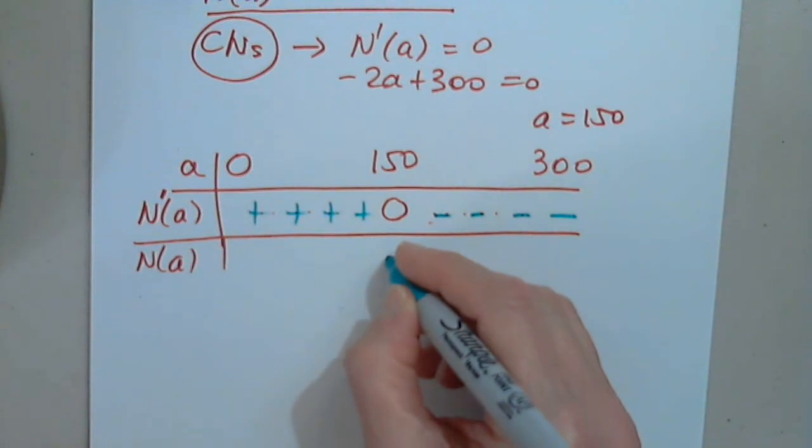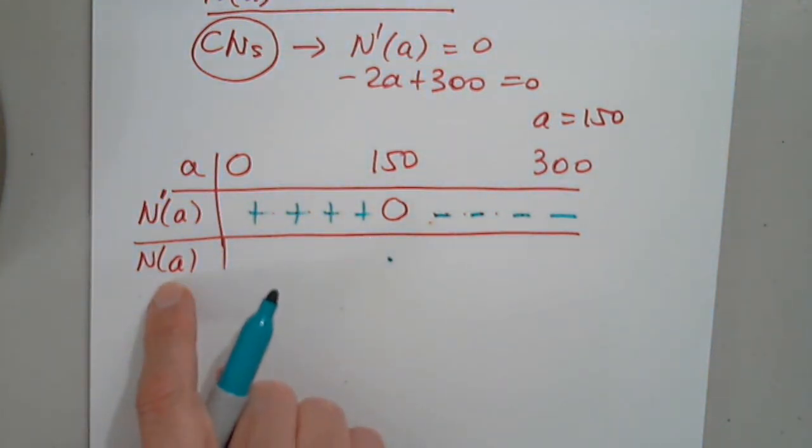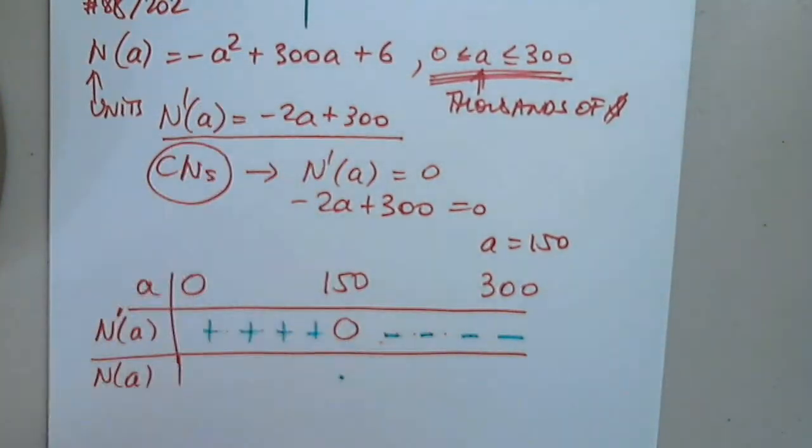Now I have to plug in 150 in the function. Okay? So I'm going to share my screen and go here. In y equals, clear. And I have negative x squared, the small negative, and then plus 300x, and then plus 6.